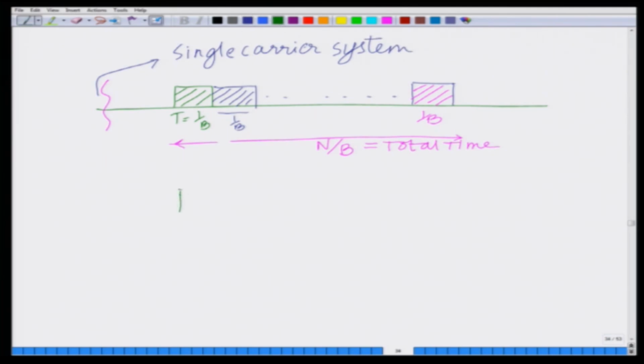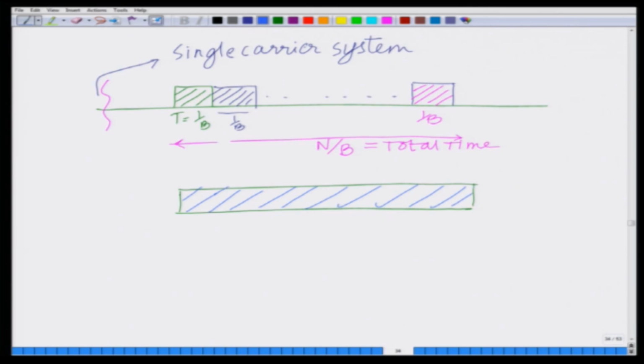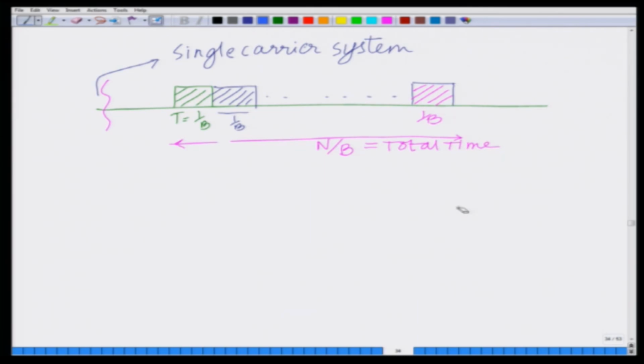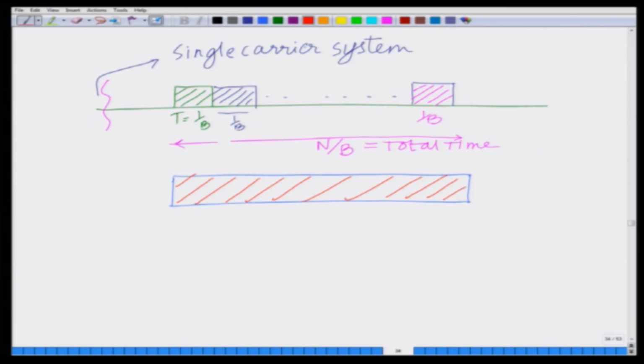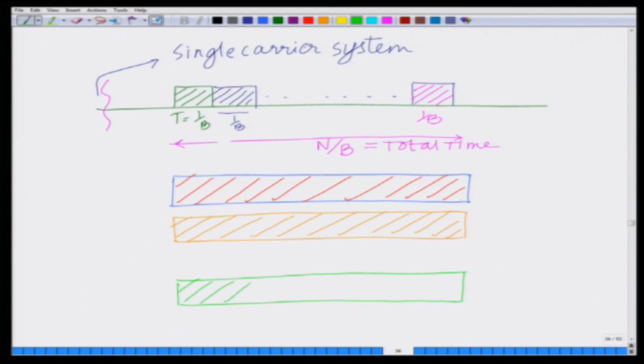However, in our multiple carrier system what we are doing is, if I look at each symbol on each subcarrier, each symbol on each subcarrier has a time of N by B. However, I have N subcarriers, therefore, I am transmitting N symbols across these N subcarriers in this multi-carrier system.